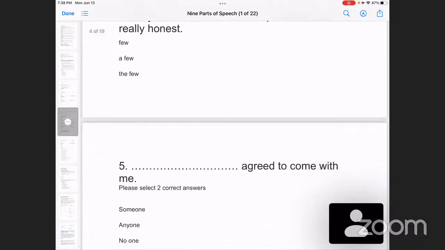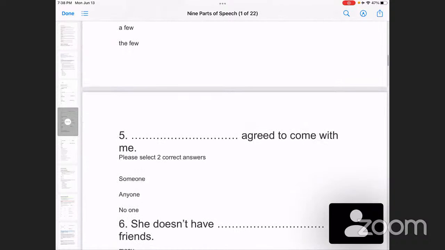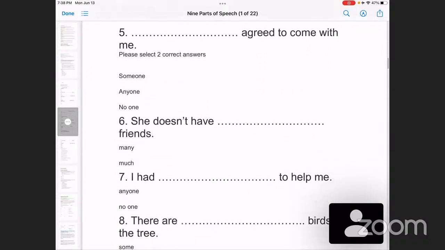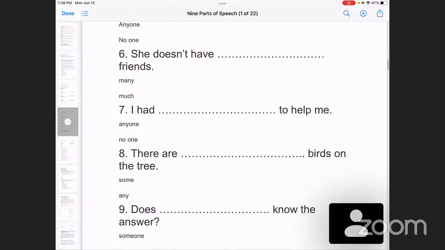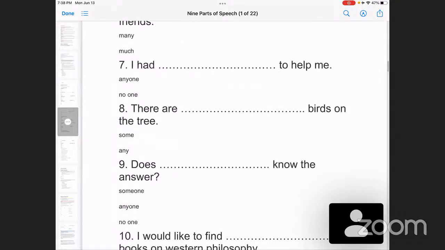Dash agreed to come with me. No one agreed to come with me. She doesn't have dash friends. She doesn't have many friends. I had dash to help me. I had no one to help me. There are dash birds on the tree. There are some birds on the tree. Does dash know the answer?